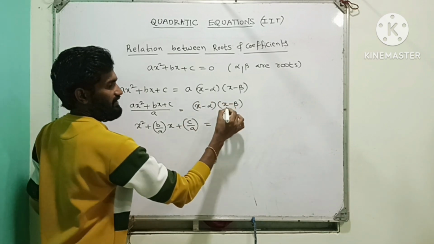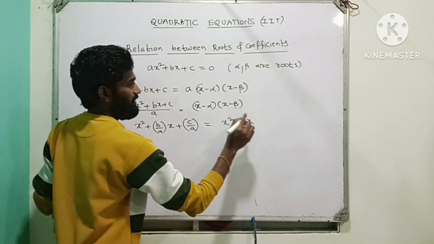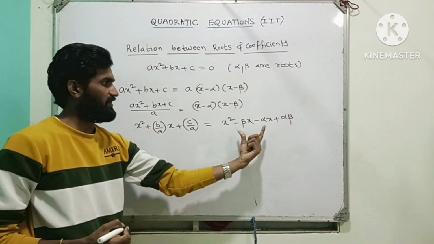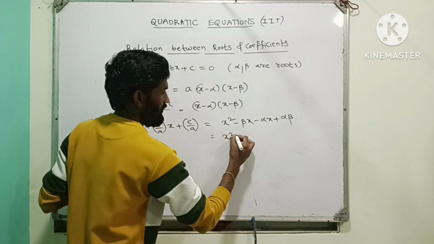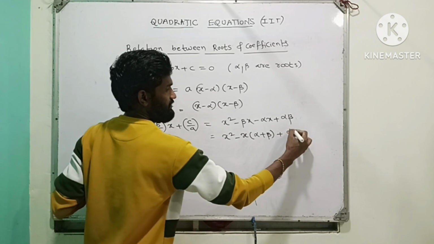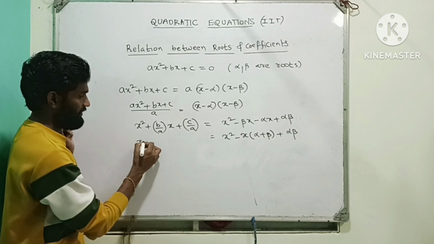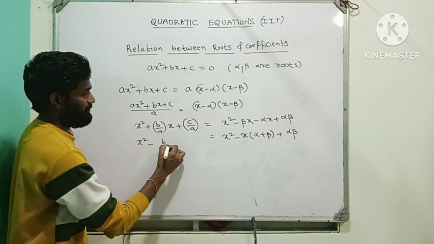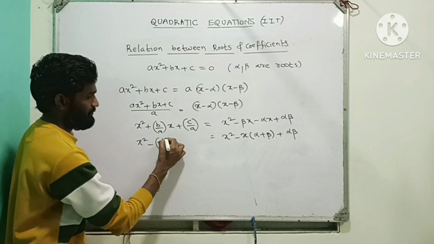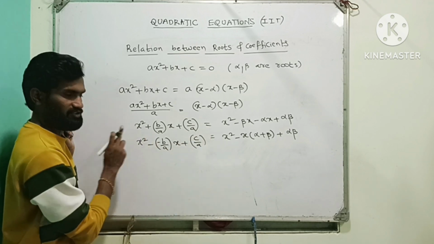Now if I multiply inside, it is x square minus beta x minus alpha x plus alpha beta. Taking x common in these two, it is x square minus x into alpha plus beta plus alpha beta. Now I rewrite the left side as x square minus of minus b by a into x plus c by a. Here minus into minus is plus only, right?